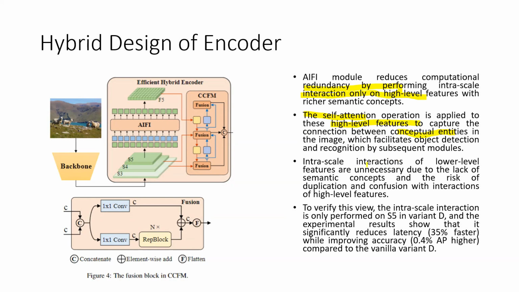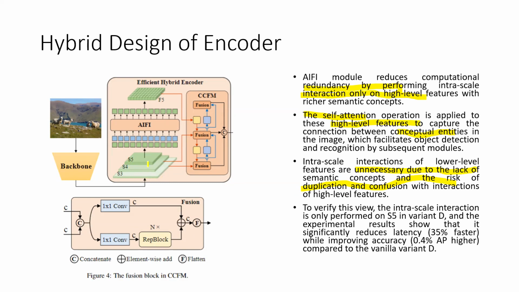It's self-explanatory. The next point they talk about is that if we use all the lower-level features, that might be unnecessary due to the lack of semantic concepts and the risk of duplication and confusion with the introduction of higher-level features. One way to think about it is that the S5 feature is coarse and also contains the features from S4 and S3.